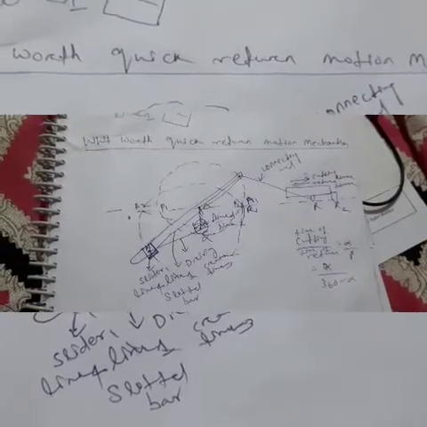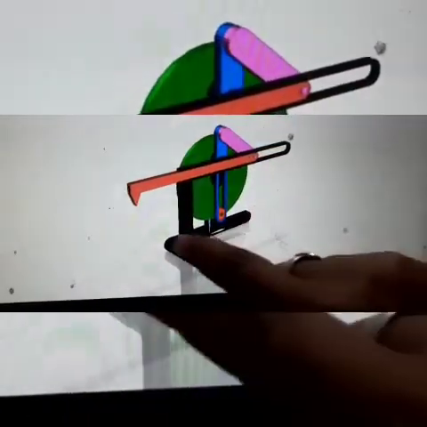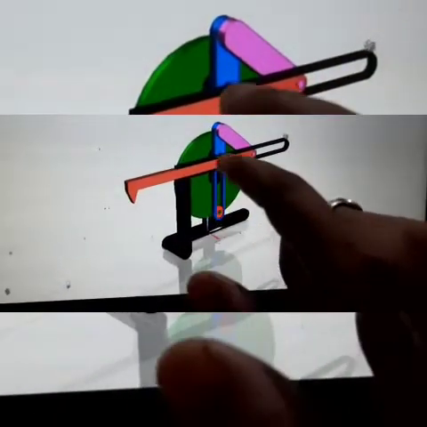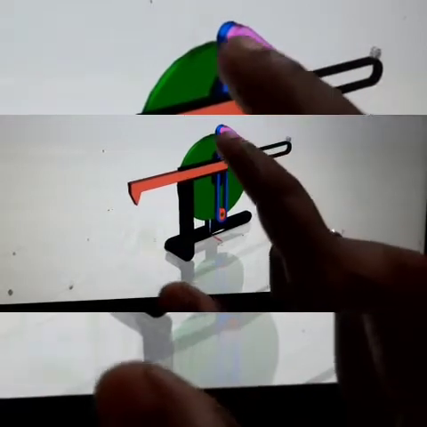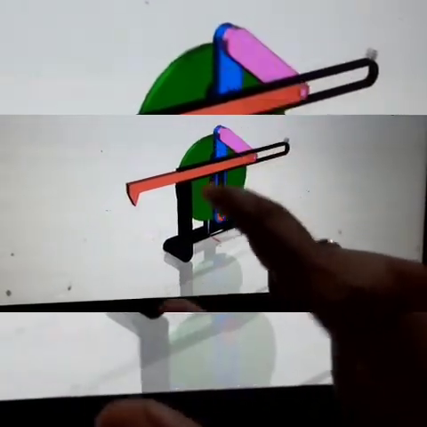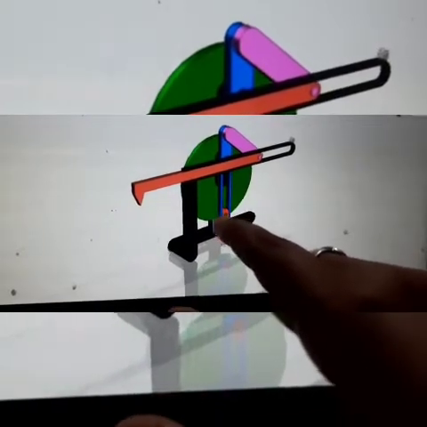So next we'll see its animation. You can see here. So this green portion is the total revolution of the crank. So when the crank rotates, this is a slotted bar. So this orange portion is the sliding member.